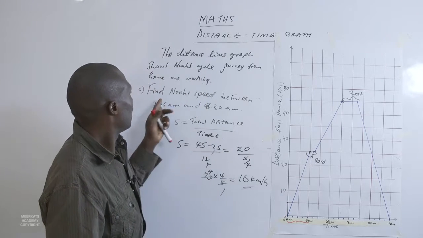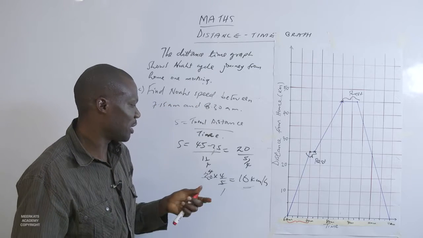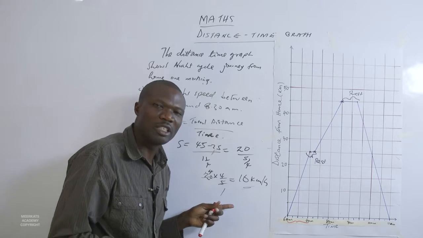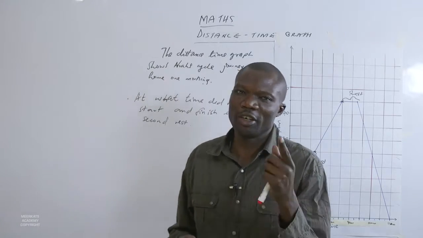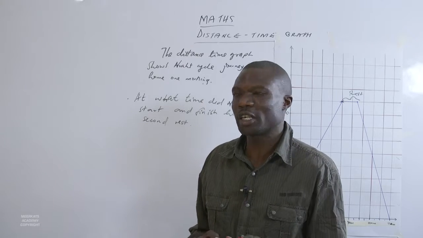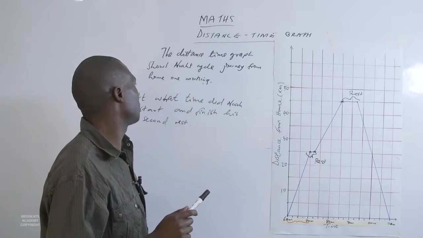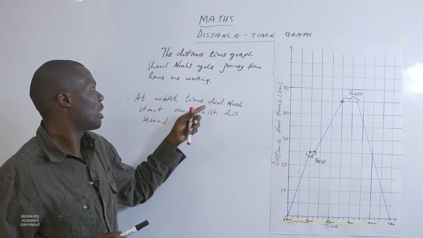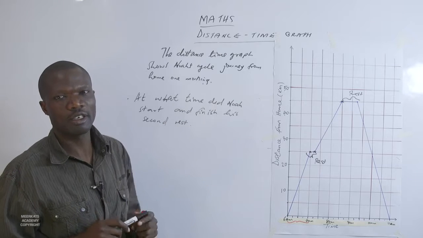So Noah's speed between 7:15 a.m. and 8:30 a.m. was 16 kilometers per hour. So we are seeing Noah again resting for the second time, and that's why this question is asking us to find what time did Noah start and finish his second rest.